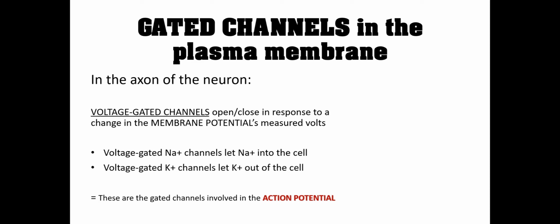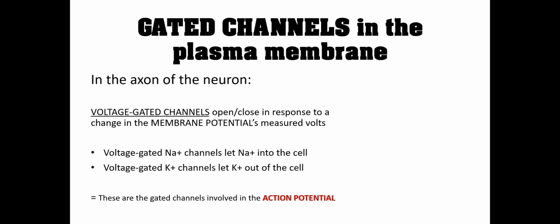And since that changes the membrane potential of the plasma membrane, the membrane potential goes from negative 70 millivolts and it starts increasing and increasing into the positive millivolts because all of these positive sodium ions are going into the cell. Now, these are the gated channels. Oh, there's also potassium channels that are in the plasma membrane.